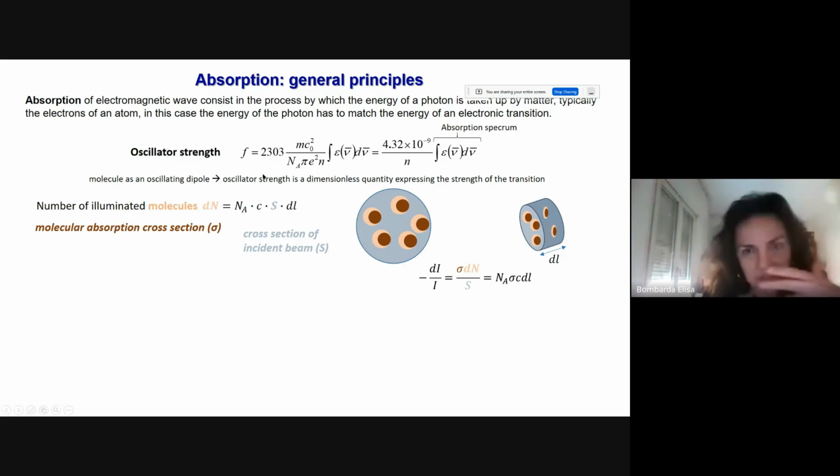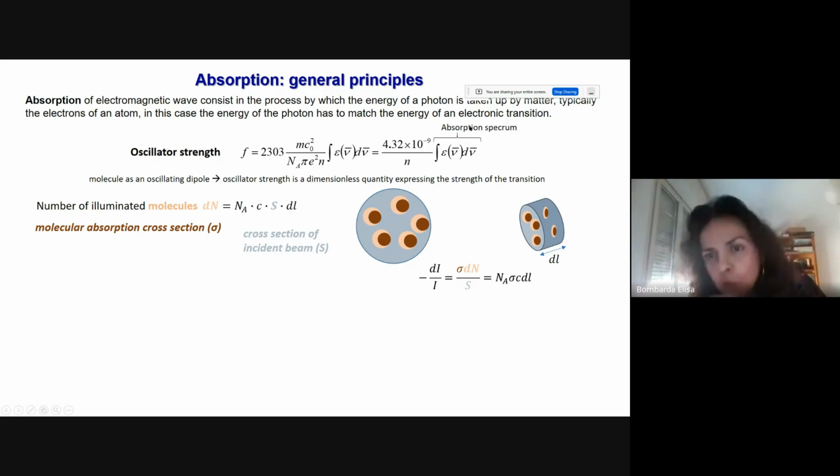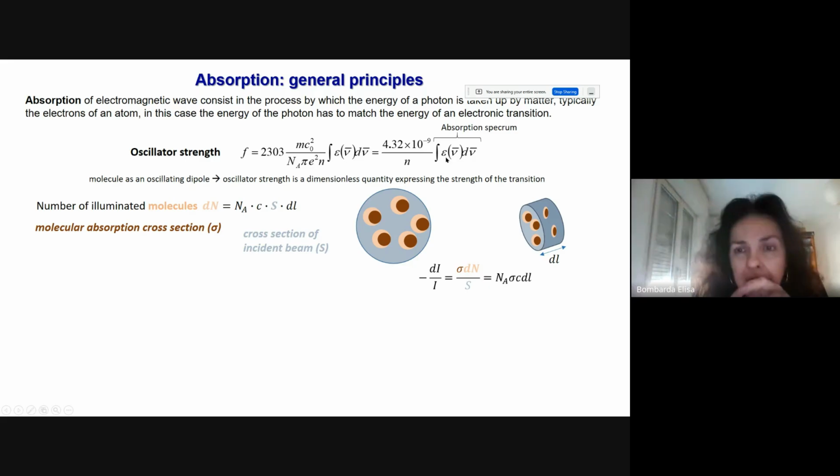That is very theoretical, but we can just see in this parameter, the oscillator strength, that it tells us the strength of the transition. The absorption spectrum, which is actually this part here, is related to the oscillator strength, so to the ability of the molecule to absorb light.